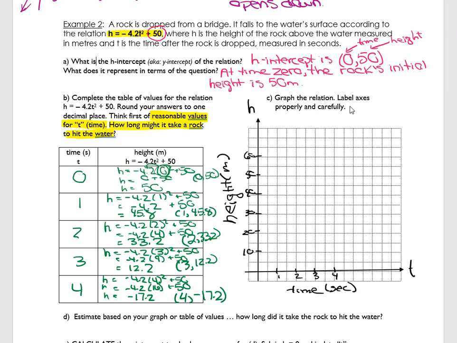Now we've labeled our axes properly and carefully, and now we're going to graph the relation. My first point is (0, 50) right there. My next point is (1, 45.8).